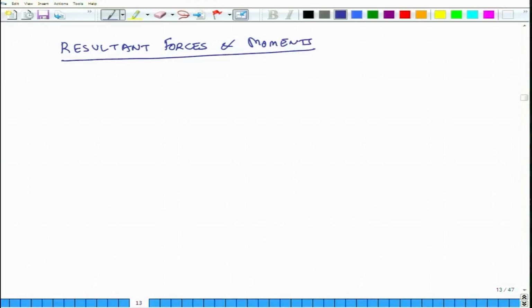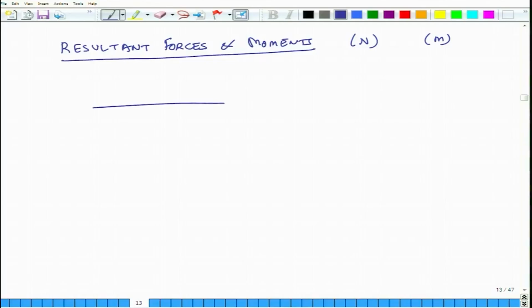So, we define resultant forces as N's and moments as M's, and these are resultant forces and moments per unit length. Their units are not newtons and Newton meter, because they are per unit length. So, we will actually define that. First we will explain the concept.